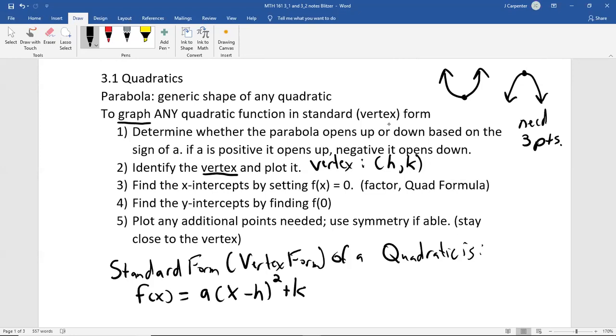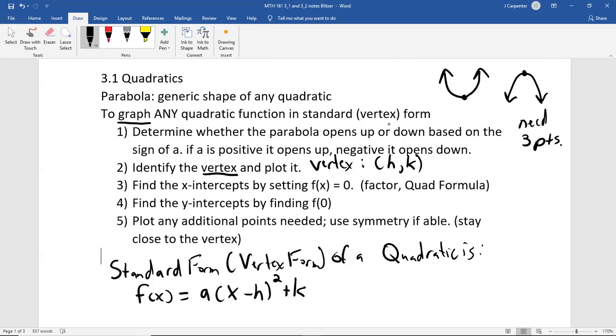You got in the parentheses x minus h, so whatever number this is inside of the parentheses would be the x coordinate of the vertex. But notice that this has a minus, which means that it changes signs. We were dealing with those issues last class. But then over here, you have a plus k, so that's the y coordinate of the vertex, but it does not have a minus, which means it does not change signs.